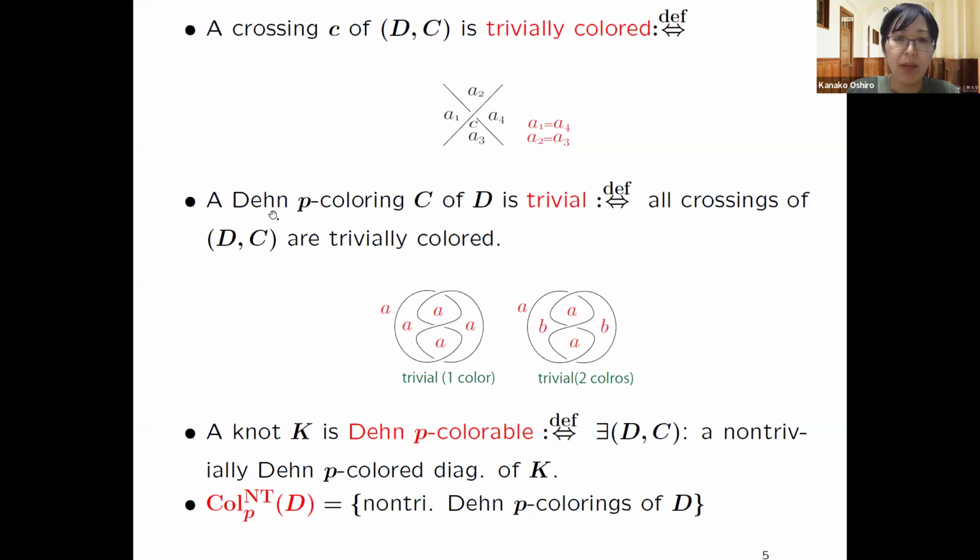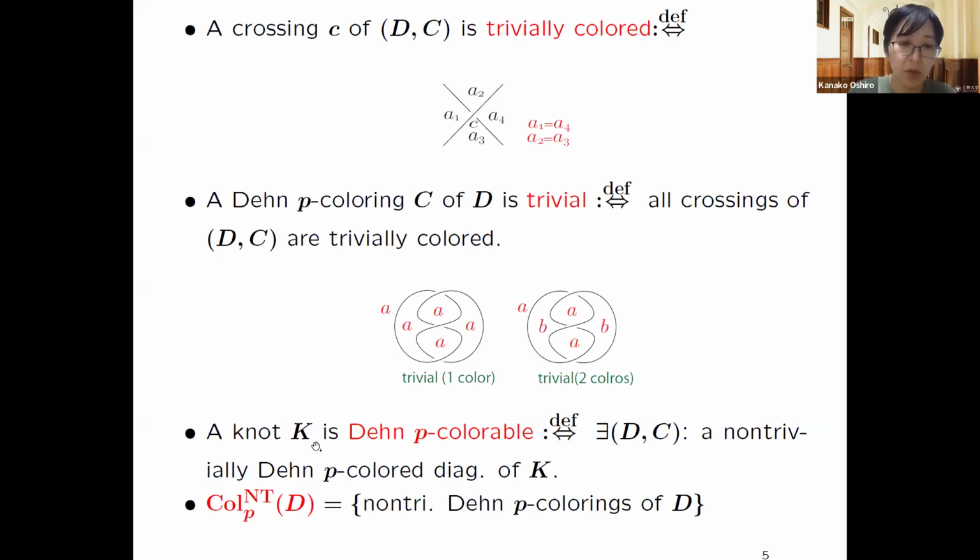Then a p-coloring C of D is trivial if all the crossings of D_C are trivially colored. Actually there are two types of trivial coloring. One is the monochromatic coloring, with one color. And the other one is the checkerboard coloring, like this.